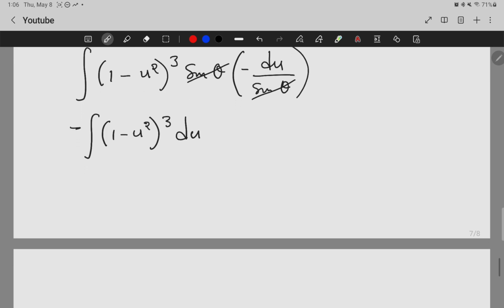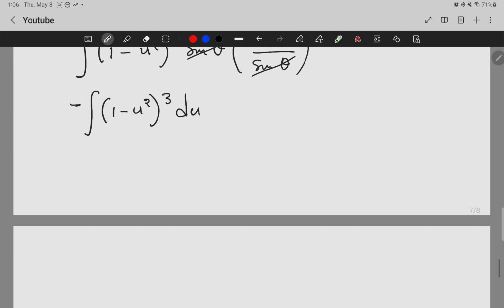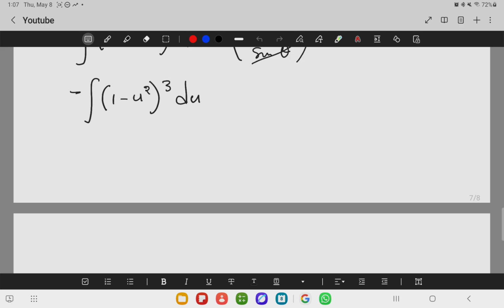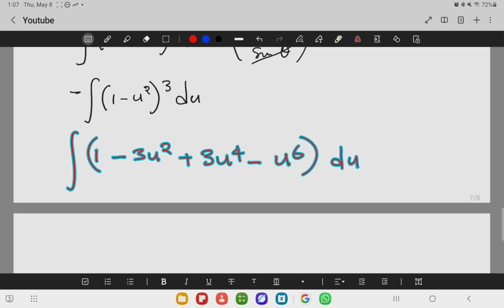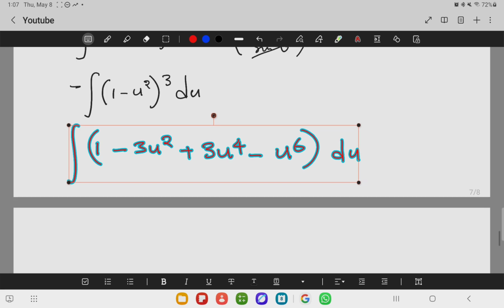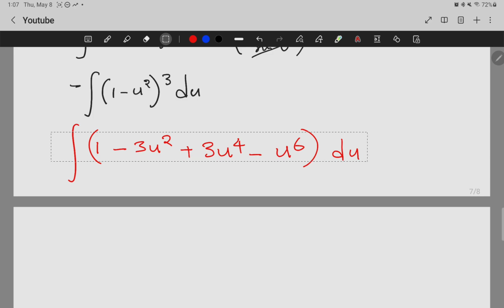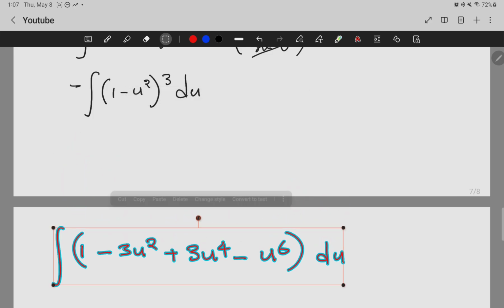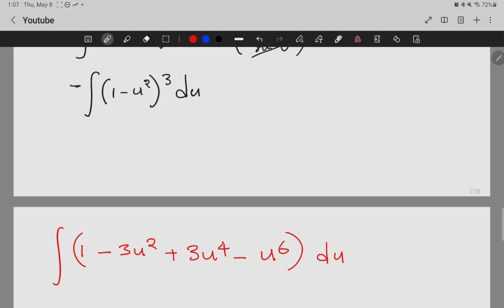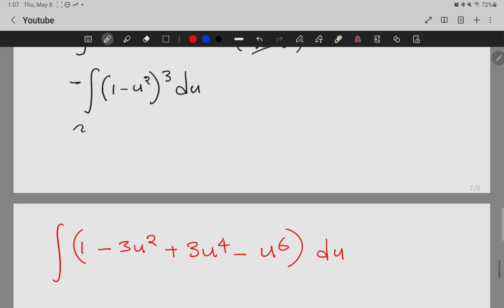And then from here, to integrate this, of course, we're going to expand first. And when we expand that part, it ends up becoming that expression there. So that is what we end up getting. So we can expand this slowly if we want. We can use any method to expand this. We can use Pascal's triangle of coefficients and the likes.